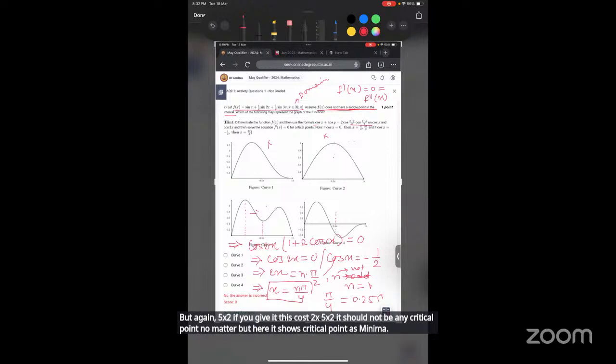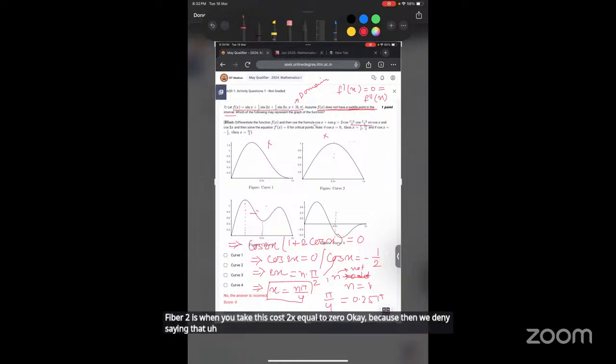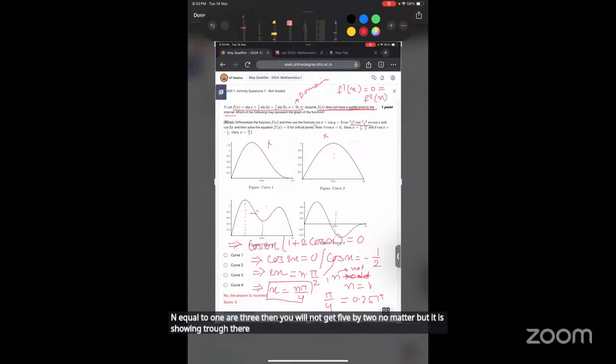Pi by 2 is when you take cos 2x equal to 0, then we derive that at n pi by 2 it will have the critical point. When you take n equal to 1 or 3, you will not get pi by 2, no, madam. But it is showing a trough there. You have a local minima. Yes, correct.